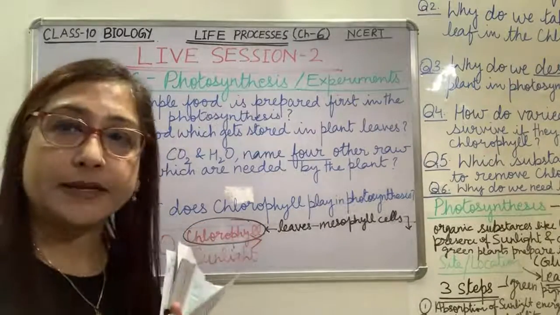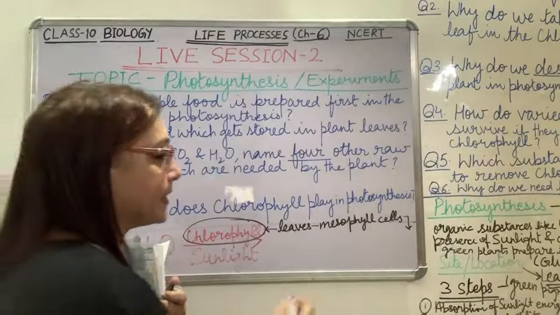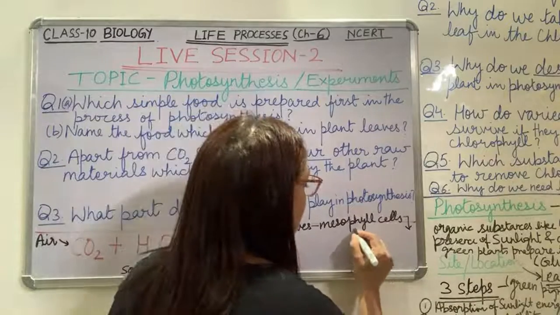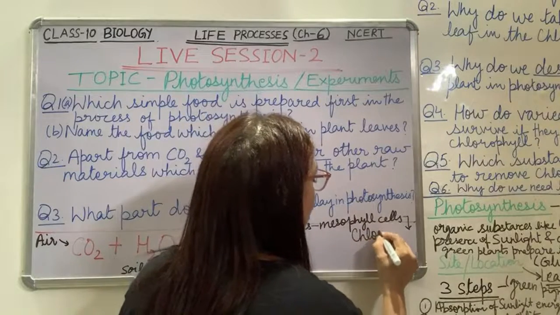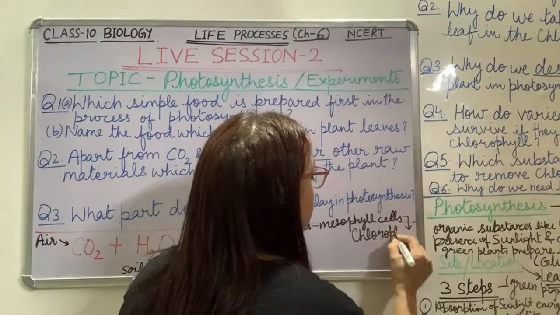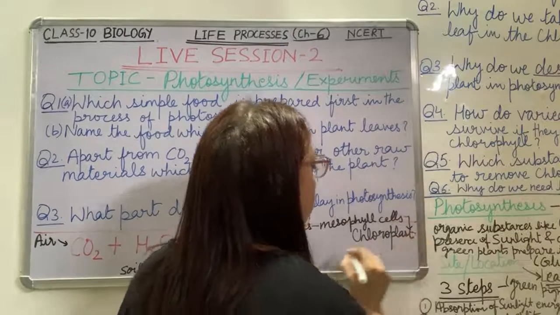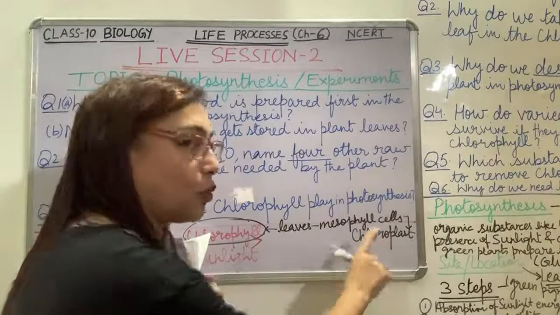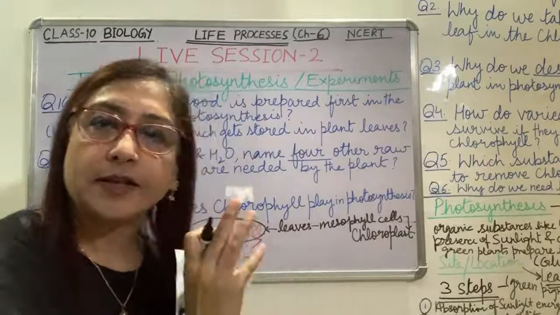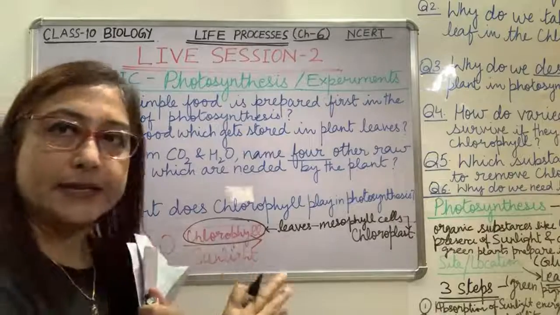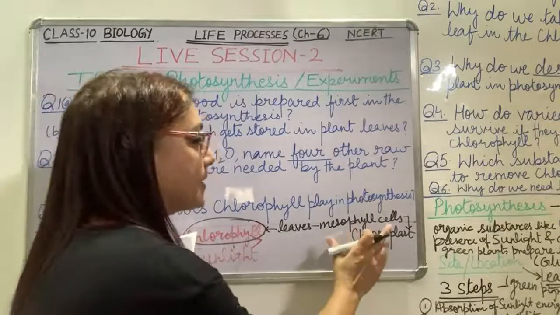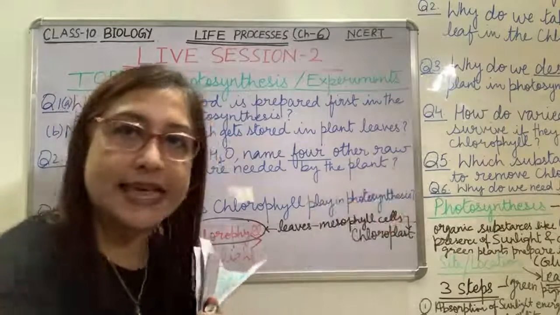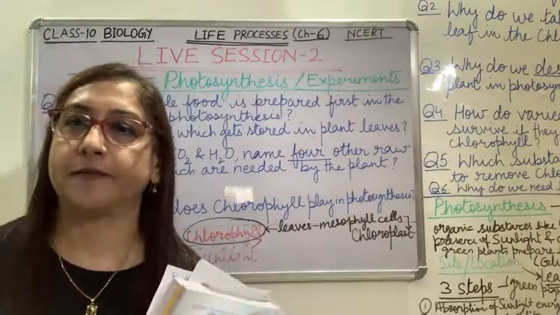It is present in the cell organelle known as chloroplast. Inside the chloroplast you have the chlorophyll pigment, and this chloroplast is present in the mesophyll cells of the leaf.